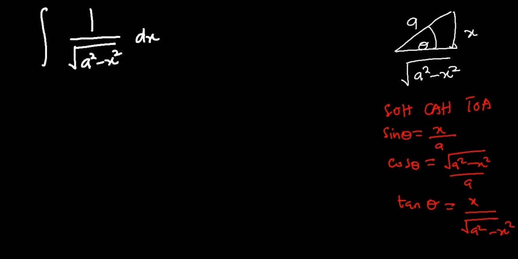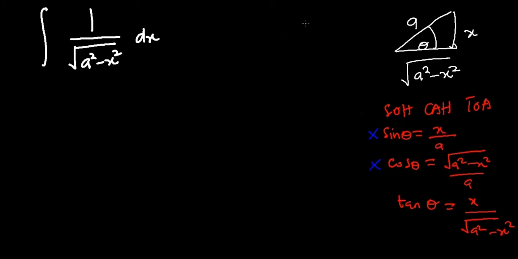So for the first situation here, where I have the square root of a squared minus x squared, I'm going to consider the sine of theta and the cosine of theta. So let's look at what will happen. From sine of theta equals x over a, you can see that we can make x the subject very easily.